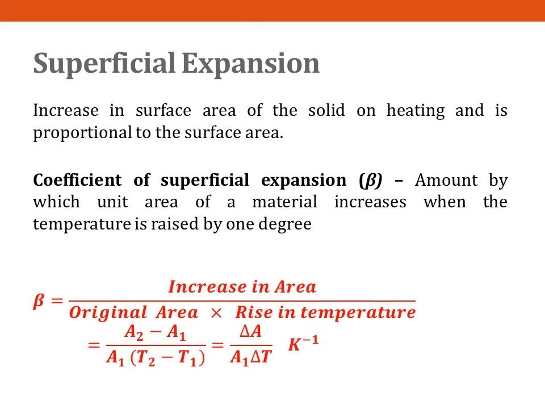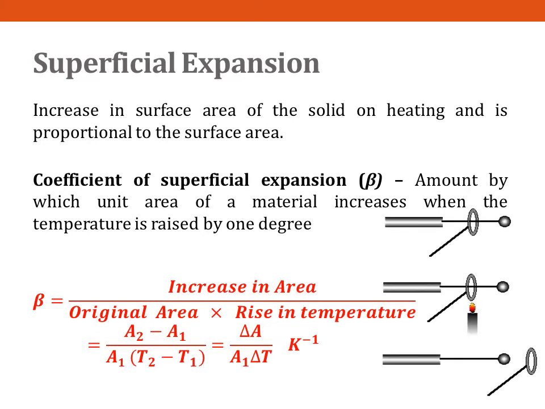We sum it up as beta equals delta A divided by A1 delta T, with the unit Kelvin inverse. A classical example for superficial expansion is the ball and ring experiment.